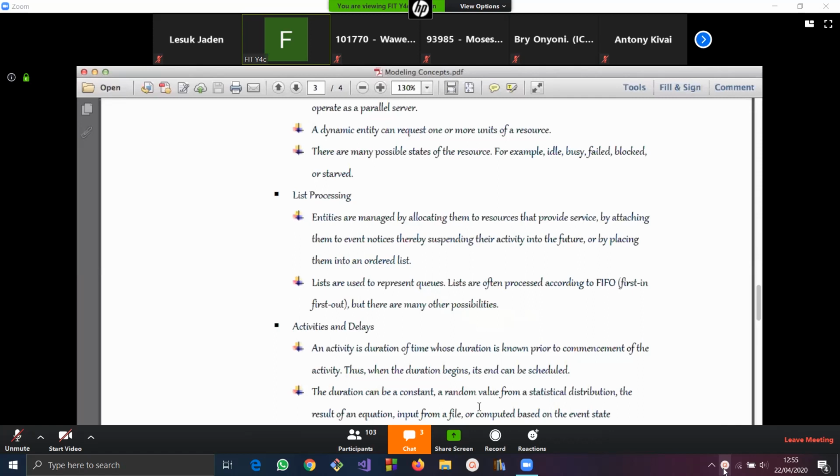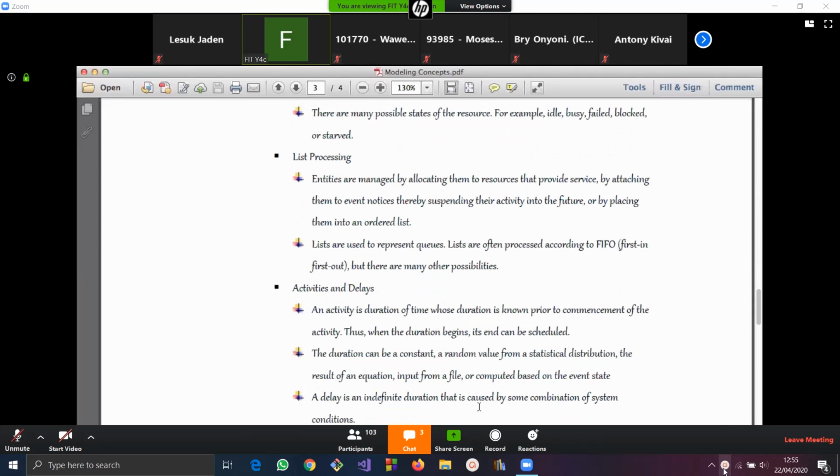Now, a delay is an indefinite duration that is caused by some combination of conditions in a system. So it's possible for a system to be occasioned by what we call a delay. Meaning, in this case, you do not know when that is going to end. A delay is an indefinite duration.